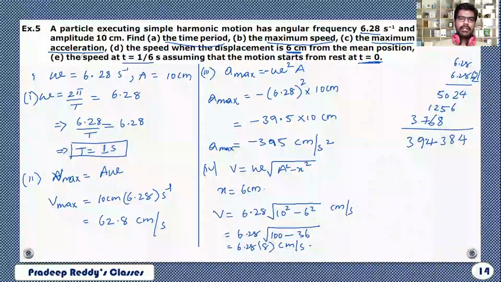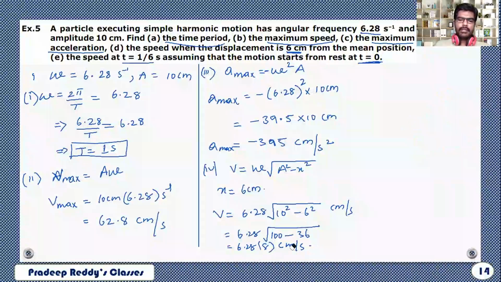Next, the last one, it is the speed at t is equal to 1 by 6 second, assuming that motion starts from rest at t is equal to 0. You are supposed to calculate speed of the particle when t is given as 1 by 6 second.